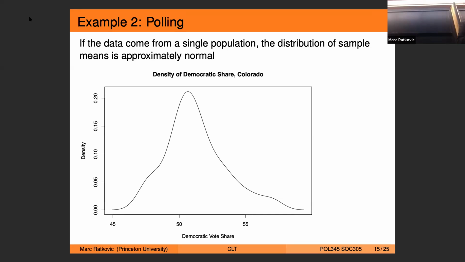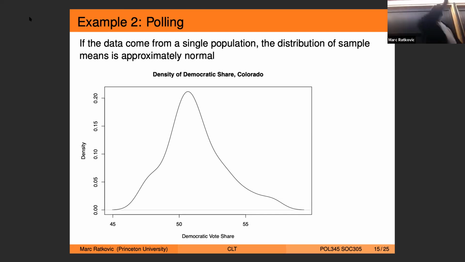This is the distribution of polls for, I believe, the 2 weeks prior to the 2012 election, which was Obama-Romney. A bunch of different pollsters were polling Colorado heavily because it was a swing state that cycle. And they wanted to know, what is the true outcome going to be, or at least what's the true outcome as of today? All of the decisions in polling are 0-1. Do you approve or not?